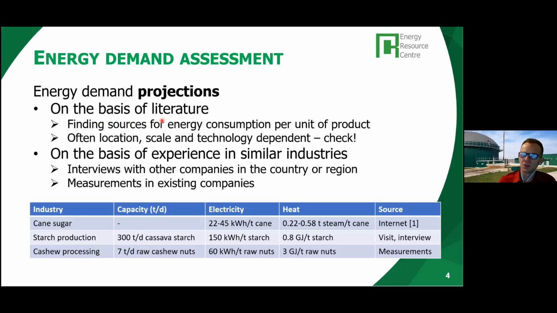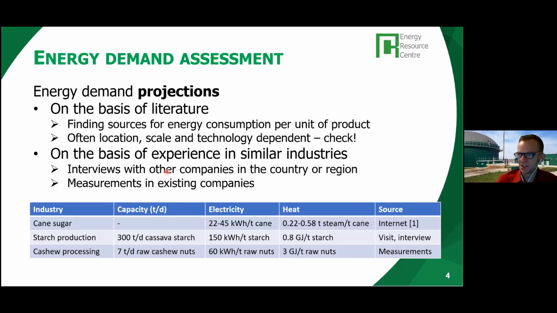If you look for specific industries, you can find indications of the electricity consumption per ton of product, or the heat consumption per ton of product. And if you then have some information on the scale of production of a certain company that you're going to look at, then you already get some first indication of what will be the scale of the energy demand.